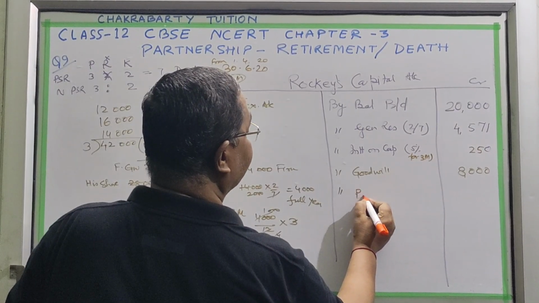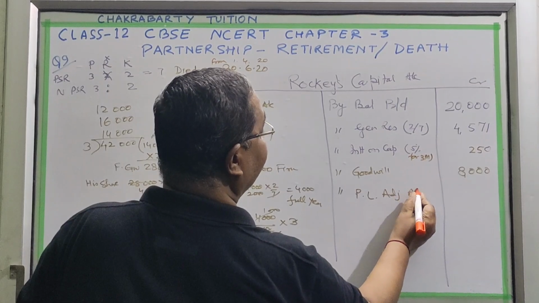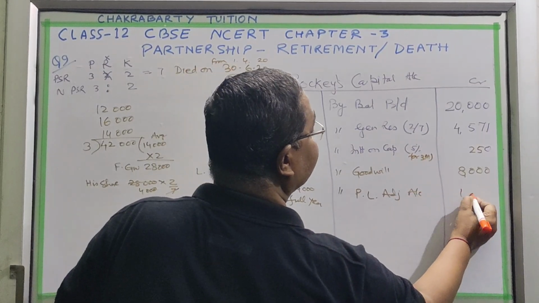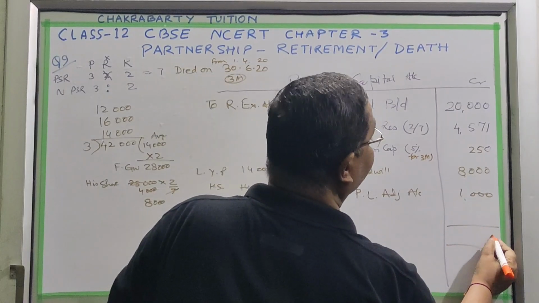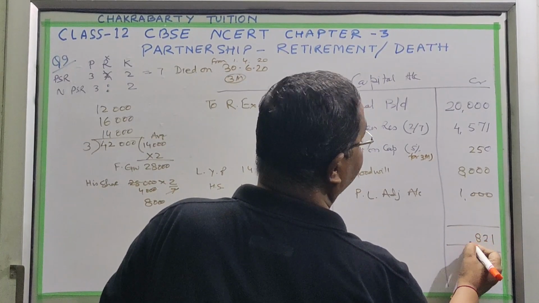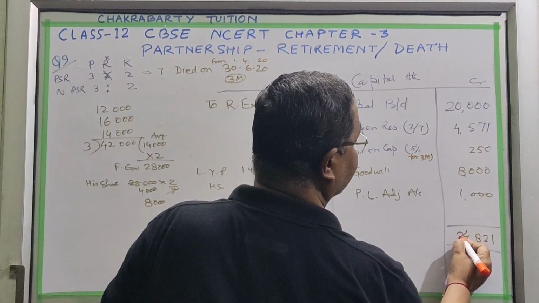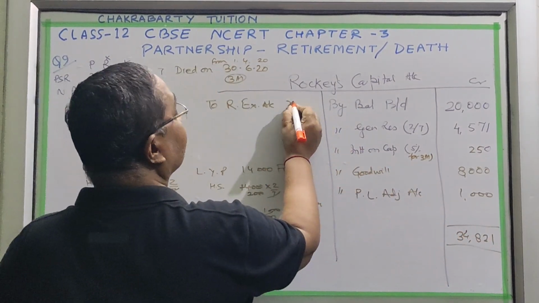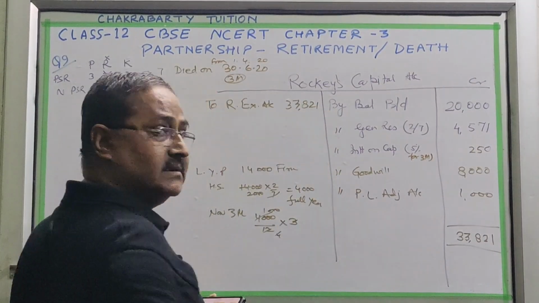So in the profit and loss adjustment account, 1,000 rupees he will get as profit. Now his total is calculated.